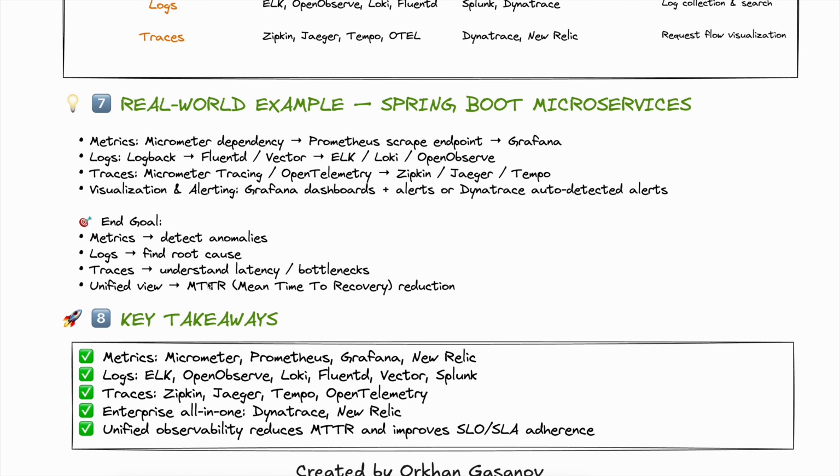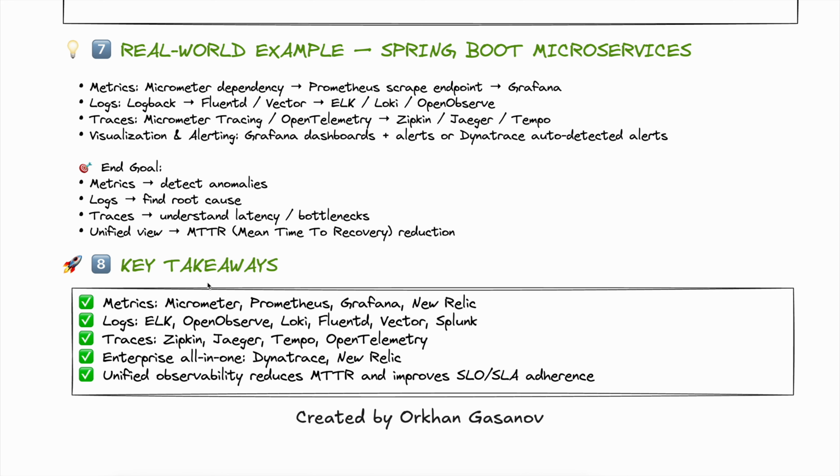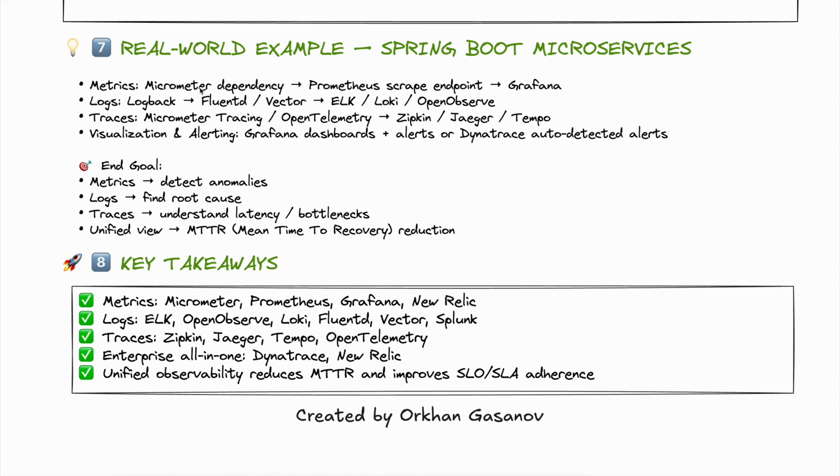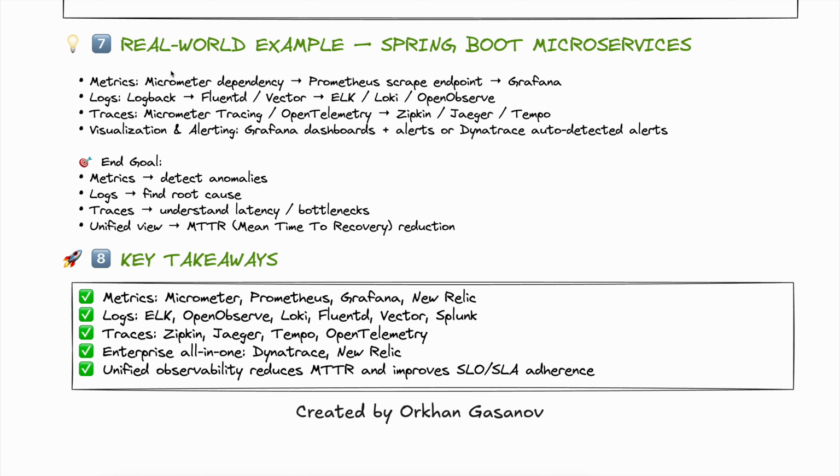Let's take a look at one more real-world example. Again, let's say it's a Java application, and in the Java application we are using Micrometer as a dependency, and we have the Prometheus endpoint where we are sending our metrics, and we are visualizing our metrics using Grafana.